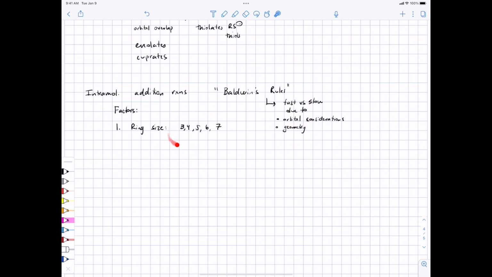And ring geometry only tends to matter within this sort of constraint. Beyond that, with larger rings, the nucleophile has way more freedom and can basically attack where it wants to.